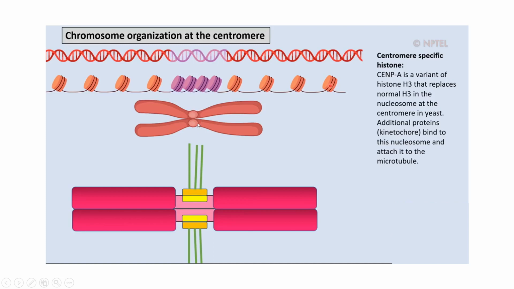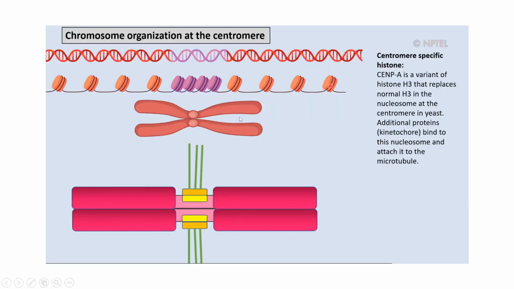If it is loosely attached, it will cause a problem during the separation in mitosis. This is a very compact area, and the nucleosomes are placed very close to each other. The CENP-A histone is recognized by the kinetochore, onto which the mitotic spindle is further arranged, and that leads to the separation.